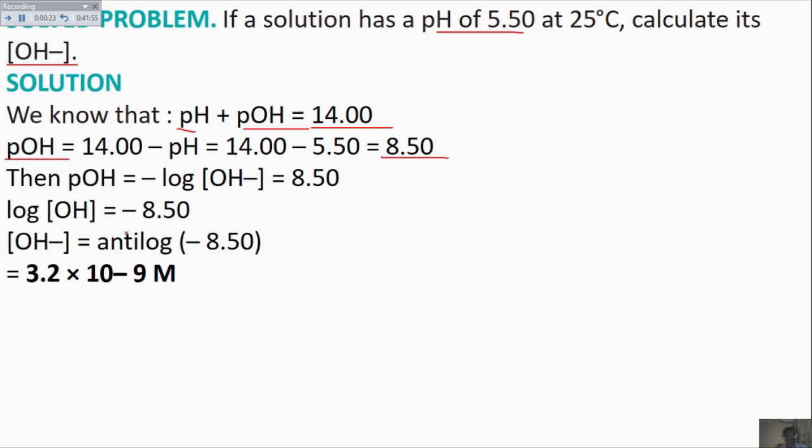Then the hydrogen ion concentration is the antilog of minus that value, and you have 3.2 times 10 to the minus 9. How will you take the antilog? Second function log, then open bracket, minus 8.50, close your bracket. That's your answer.